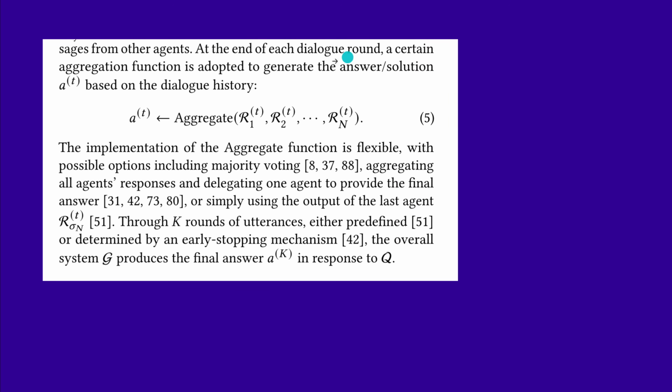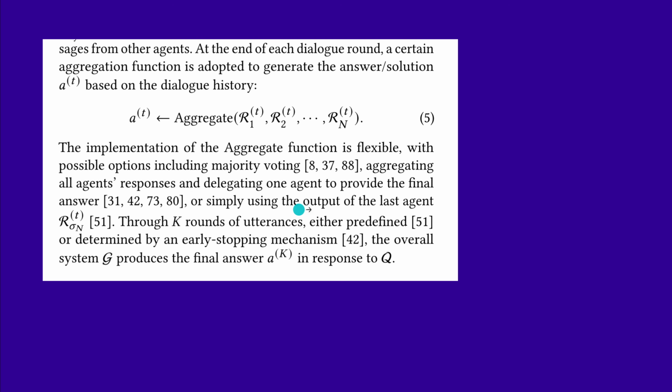And at the end of each dialog round, a certain aggregation function is adopted to generate the answer. So if we have after each turn, after each iteration, we got here an output, we got a response, somehow we have now to aggregate here the final solution. You have a lot of possibilities. You can go with a majority voting. You say, I think R17 is the best solution. Or you can aggregate all the agents' responses and you see, okay, what is the sum of all the answers?